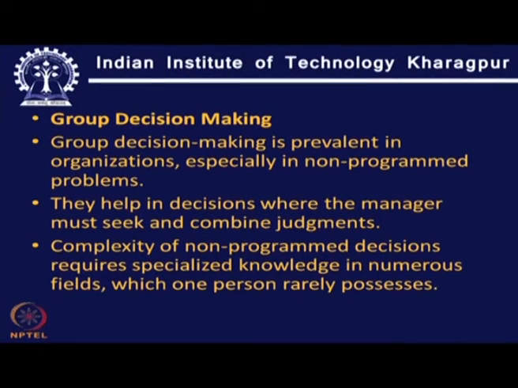So, group decision making is prevalent more for non-programmed decisions. They are more used when people are trying to make decisions where you have to generate multiple alternatives, prioritize the alternatives and then come to solutions.